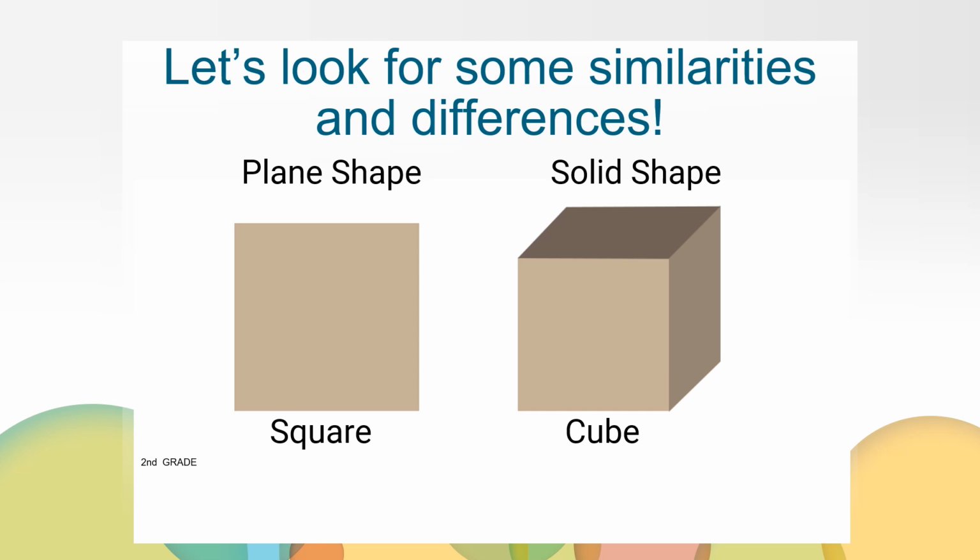Let's look for some similarities and differences. Look at these two shapes. One is a plane shape, the square. The other is a solid shape, the cube. Stop and think about how they are similar. In what ways are they alike?